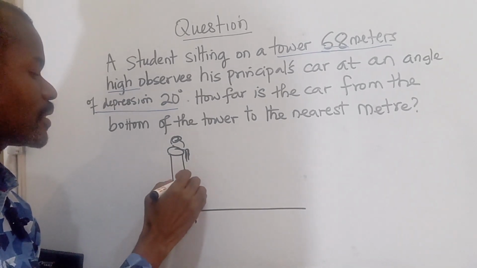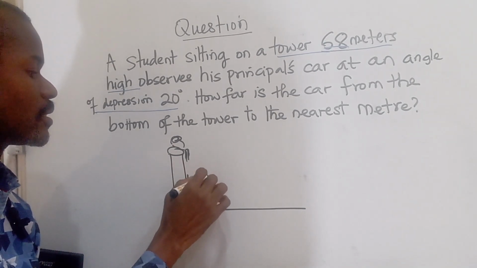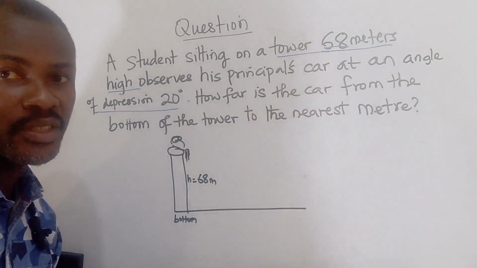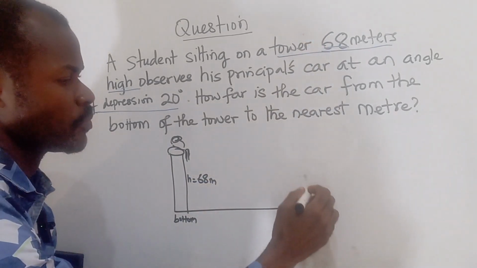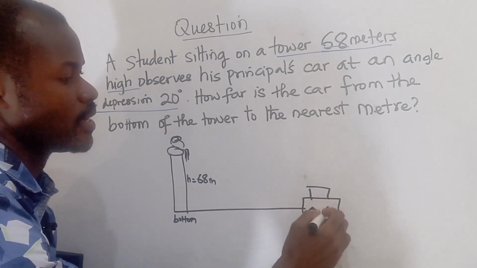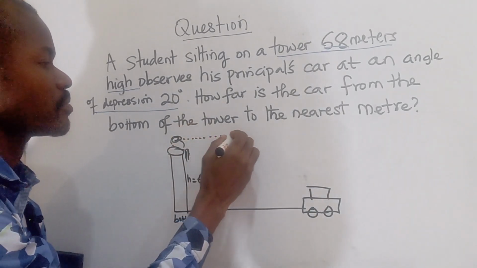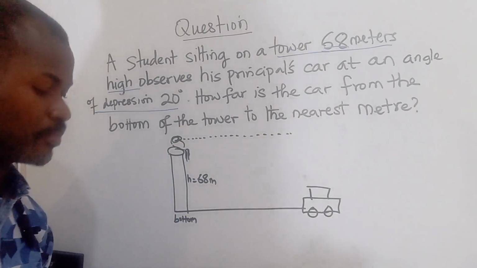The height of this tower is given as 68 meters from the question. And let's represent the principal's car. Now this is the line of sight.